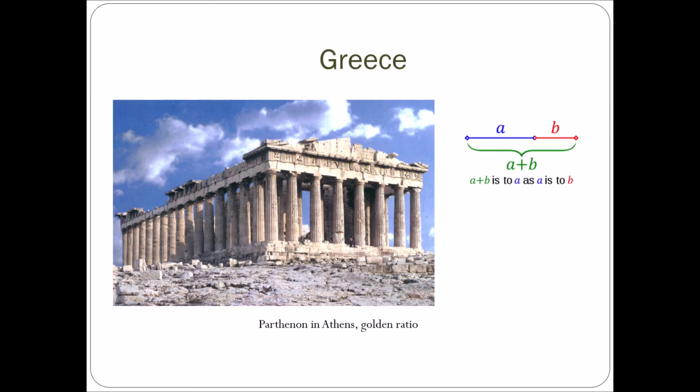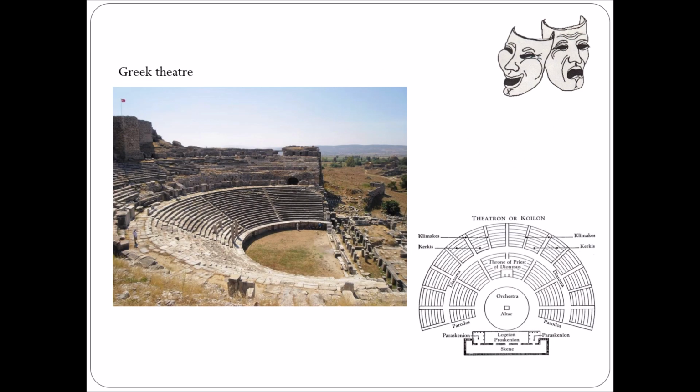We have the ancient Greek geometric pattern: A is to B as B is to A. So they have the golden ratio, and their theater.